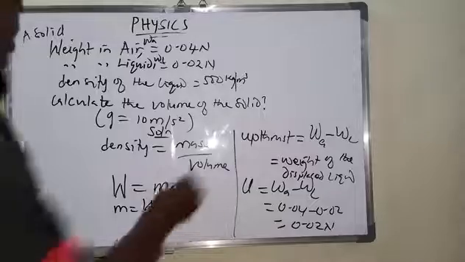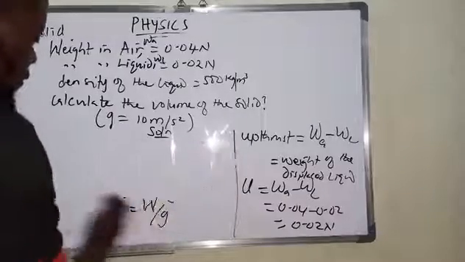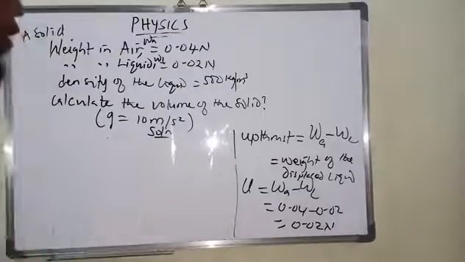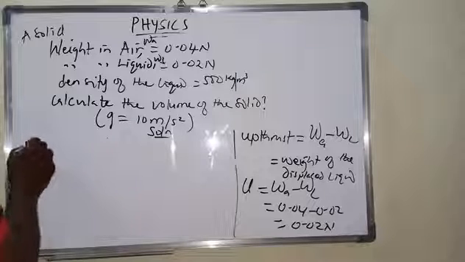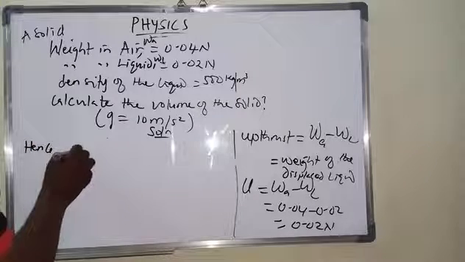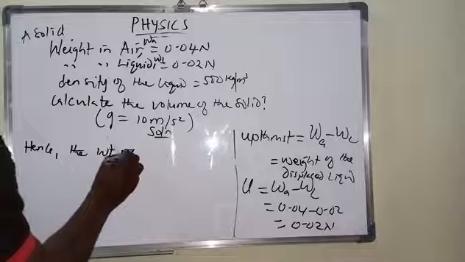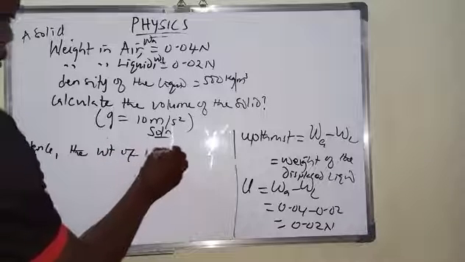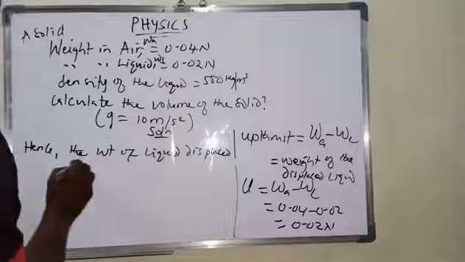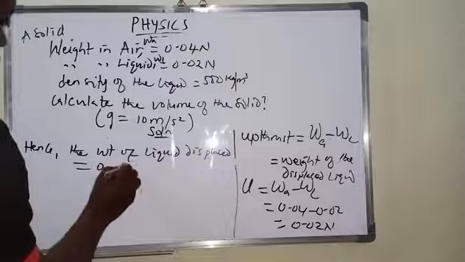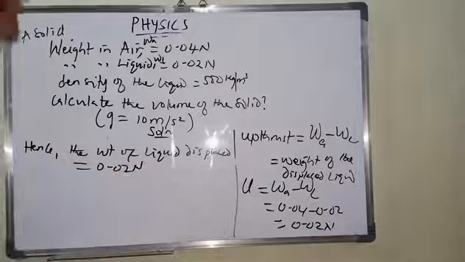And we have just said that this upthrust that we have gotten is taken as the weight of the displaced liquid. Hence, the weight of liquid displaced is equal to 0.02 Newton.